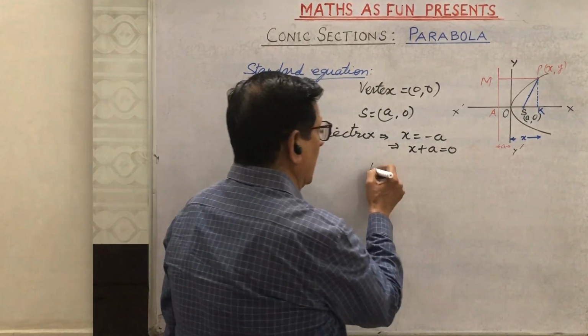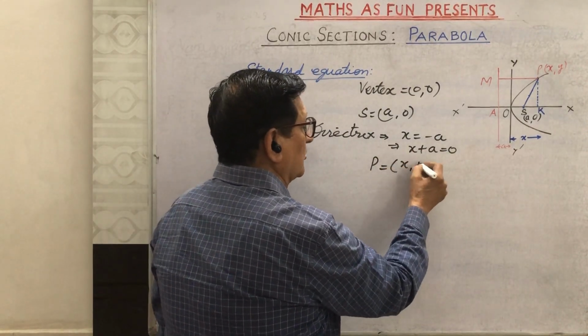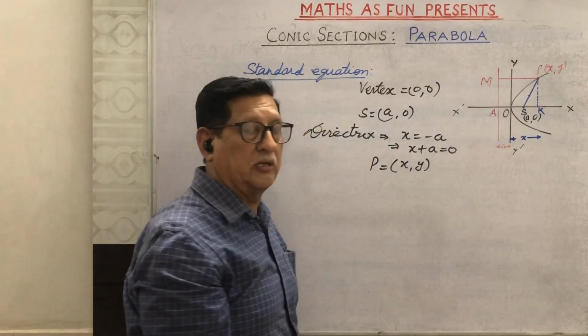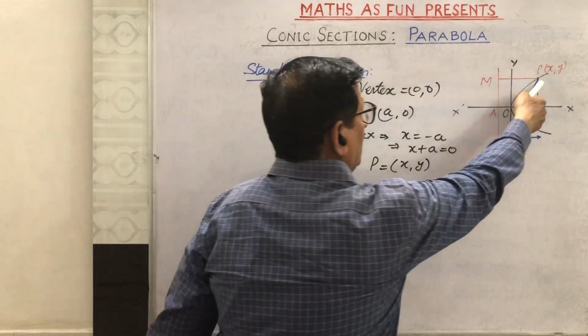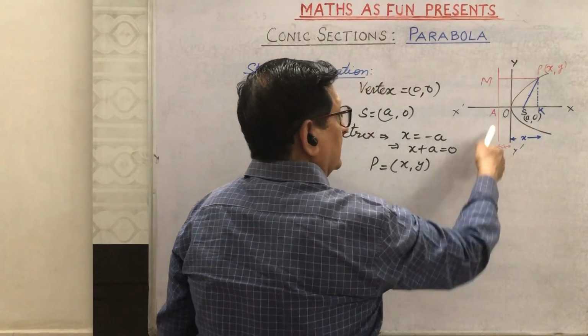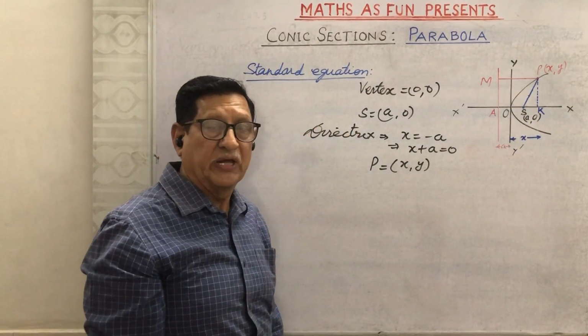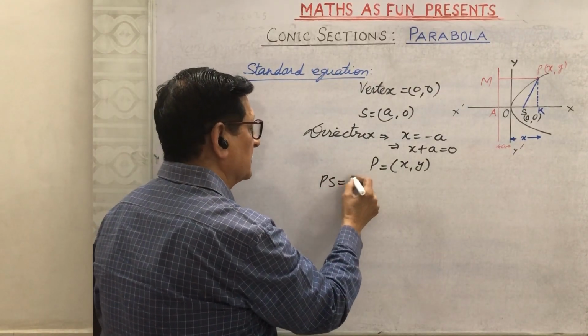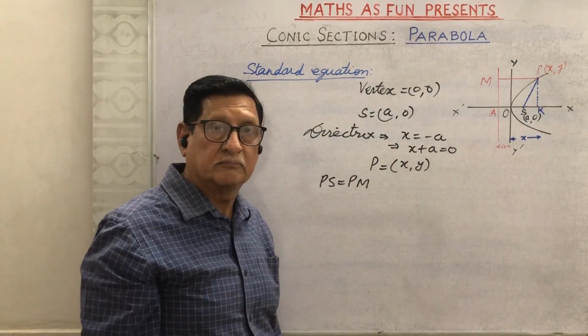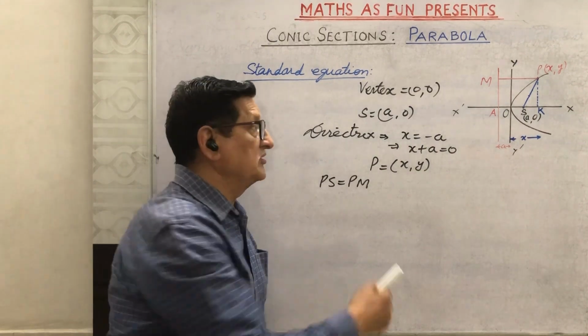Now if we take an arbitrary point P, the coordinates of which are (x, y), and the perpendicular from P to the directrix is PM, then according to the definition of the parabola, PS is equal to PM. How much is PS?